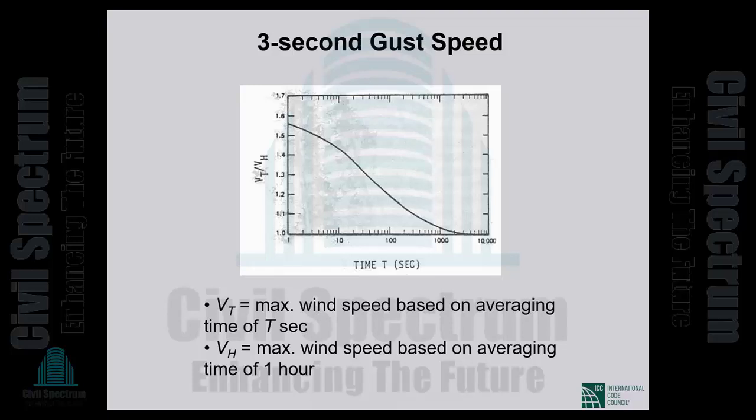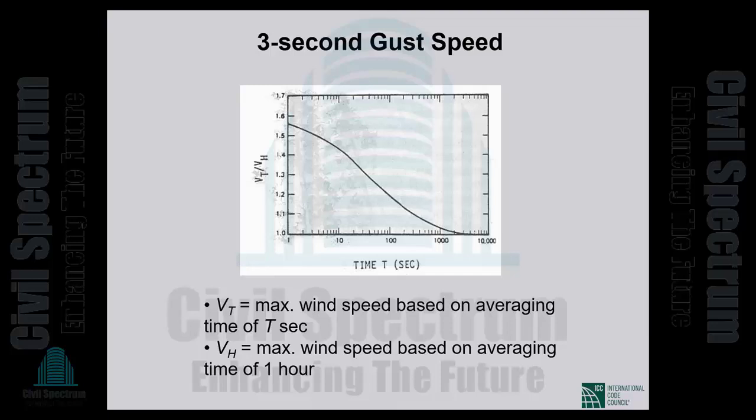Okay, it is the same wind speed, but depending upon the averaging time, the number will be different. 70 miles per hour fastest mile wind speed will be something like 90 miles per hour 3-second gust speed. I emphasize this is the same wind, nothing has changed. What has changed is the averaging time, and that changes the average.